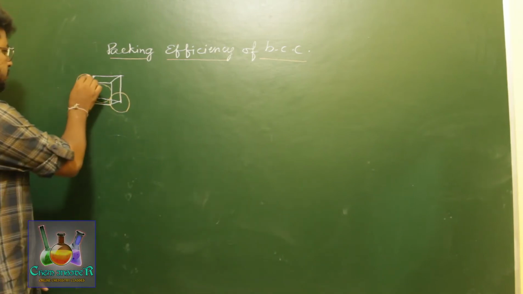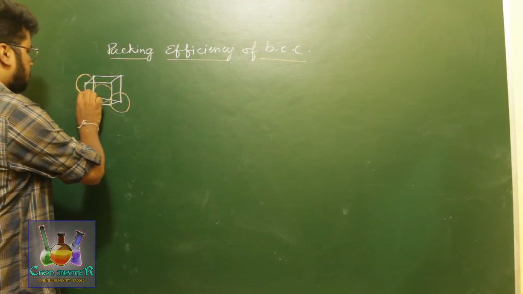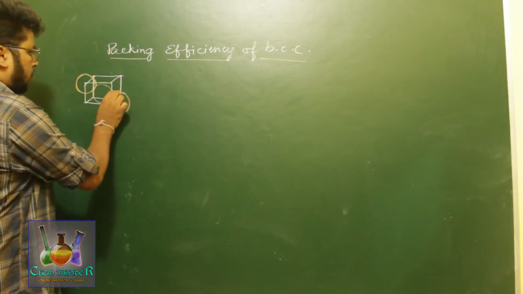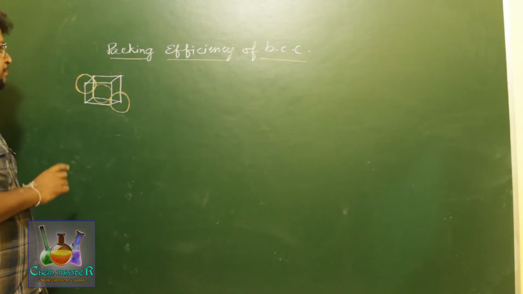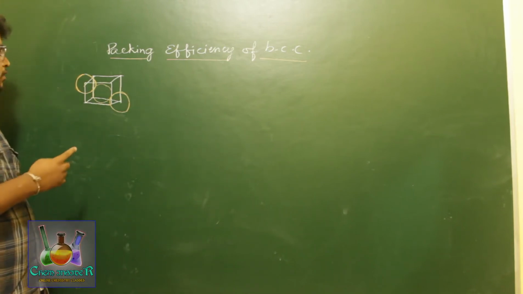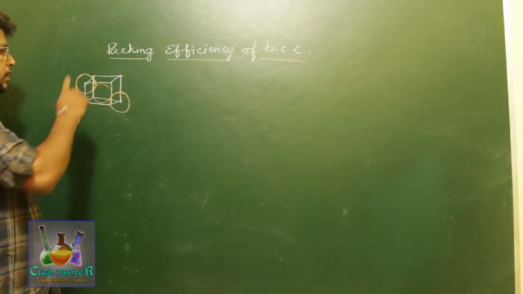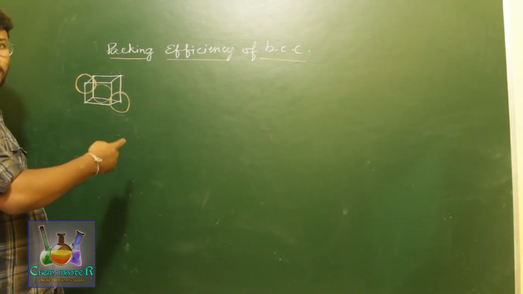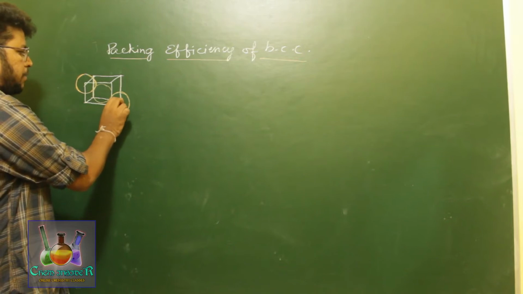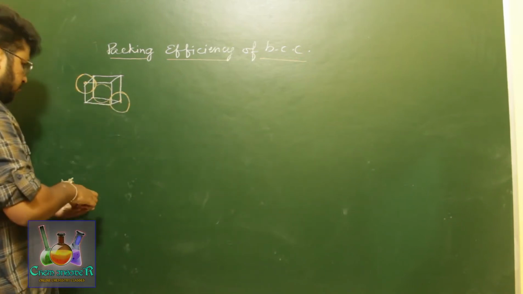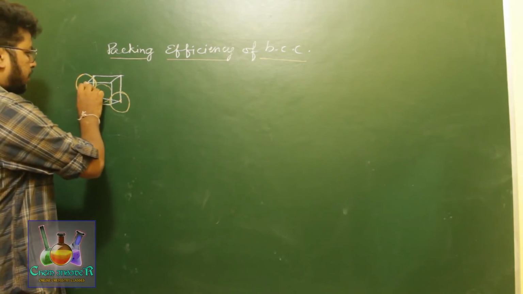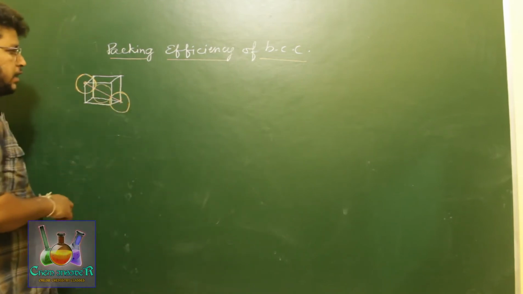So in this we are considering three atoms, these 3, out of which the 2 atoms are present at the terminal positions, at the front right side top corner and the backward bottom left corner. This one is on the back side, this one is on the front face. If I draw a line from the first atom to the third atom, it will form a body diagonal.